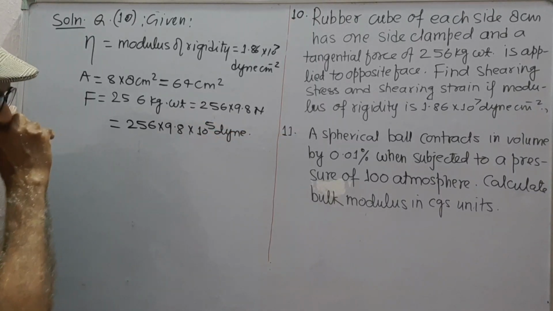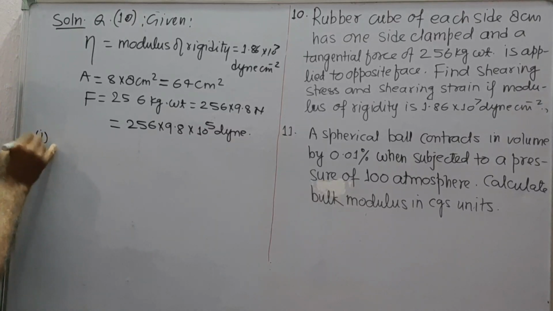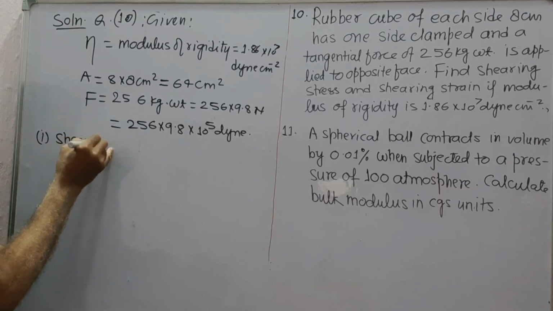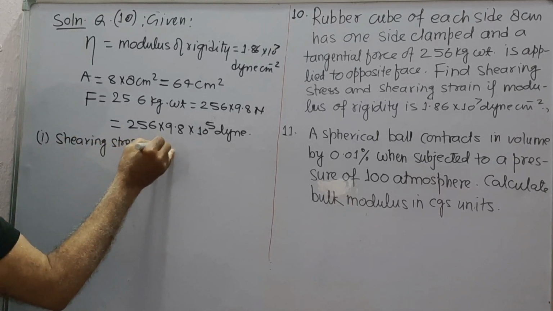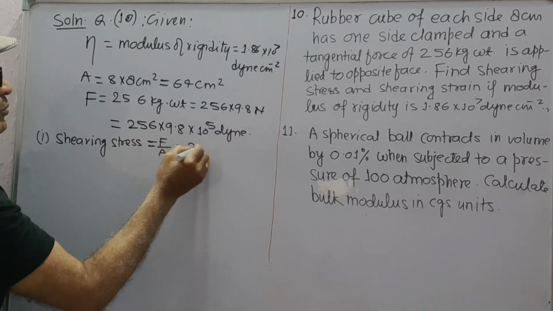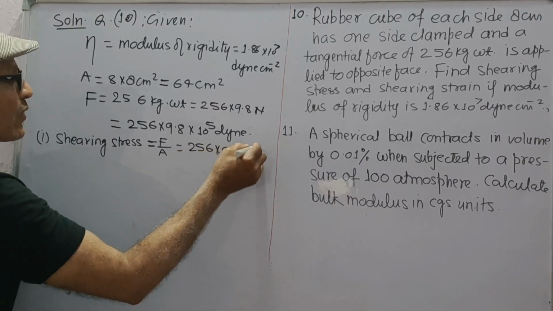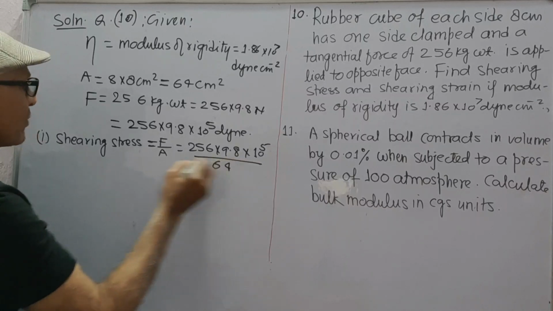We have to find the shearing stress and shearing strain first. Shearing stress will be force per unit area. Force is 256 into 9.8 into 10 to power 5 and area is 64.